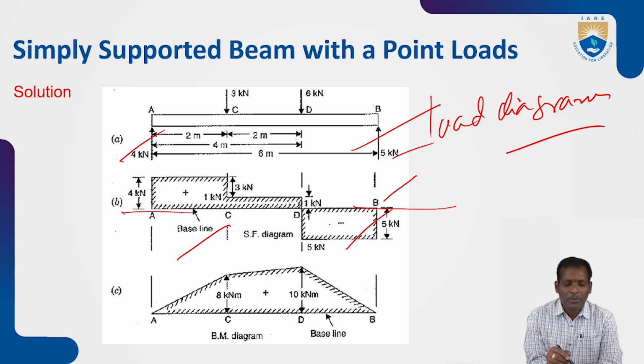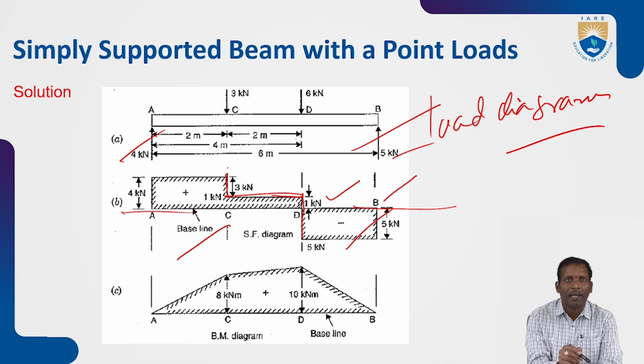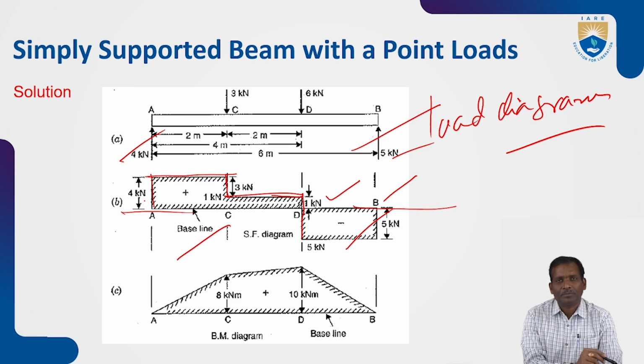So, the 5 kilonewtons up to D, again 6 minus 5, 1 kilonewton positive, and here this remains constant up to C, and again here 3 added, and then remains constant up to A. So, obtained shear force diagram.